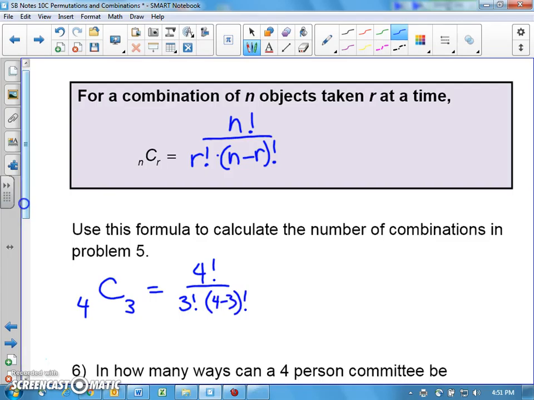This is a little bit more complicated to work out, but again, with small numbers like this, this is not too bad. The top looks like this. The bottom, I have 3 times 2 times 1 times 4 minus 3 factorial, 1 factorial. Well, this part's all going to cancel. 1 factorial is just 1, so we get 4.